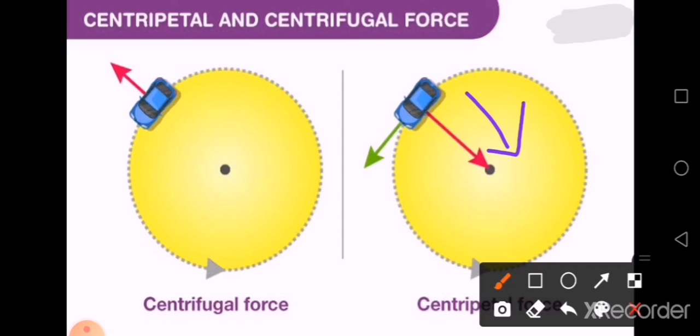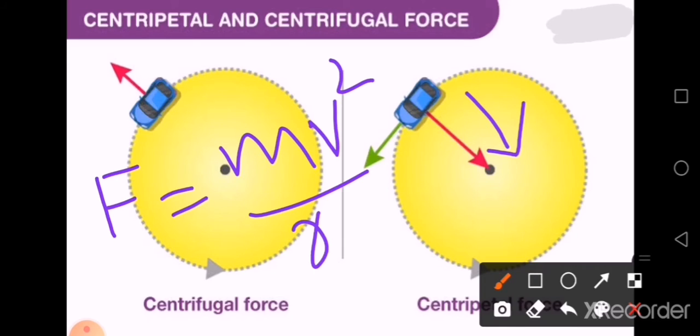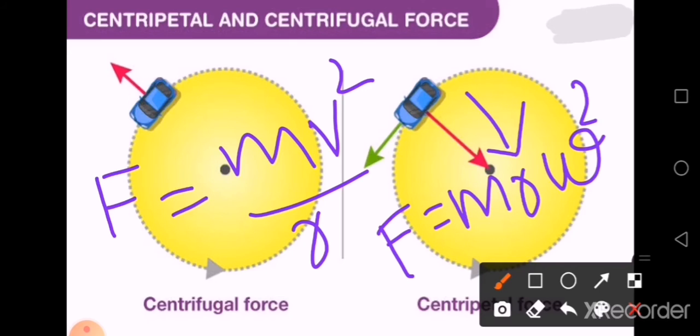Okay, now centripetal force F is given by F equal to m v square by r. We have already seen in terms of angular velocity v will be equal to r omega, isn't it? So F will be equal to m r omega square. So these are the two equations for your centripetal force.